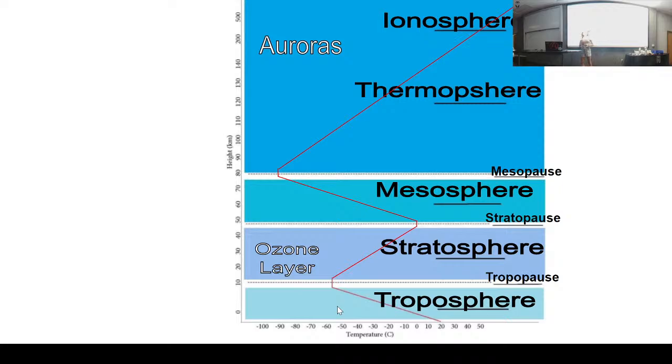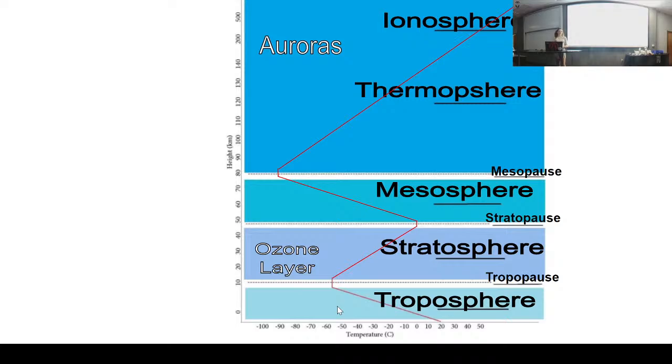It's too small to have its own layer, so it's within the thermosphere. And why we talk about the ionosphere is because it's what we use to make long-distance radio communication possible. So we send up radio waves, they hit the charged particles, they come back down, and that's why we're mentioning it.